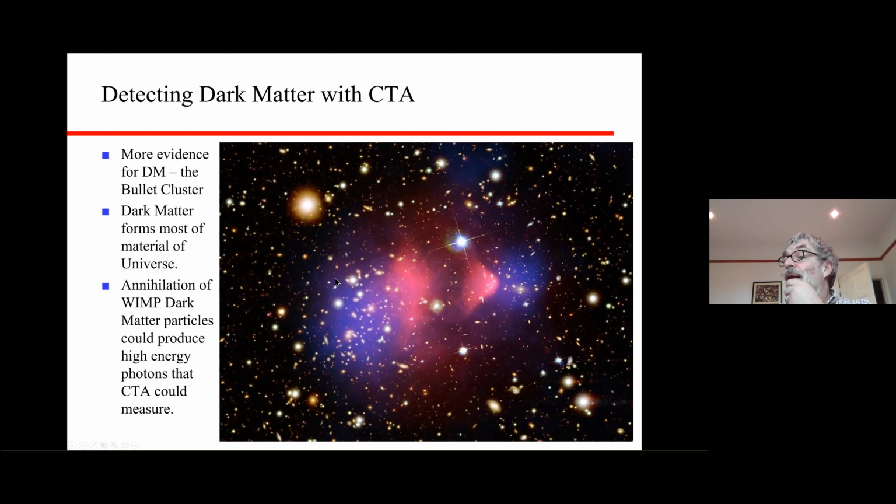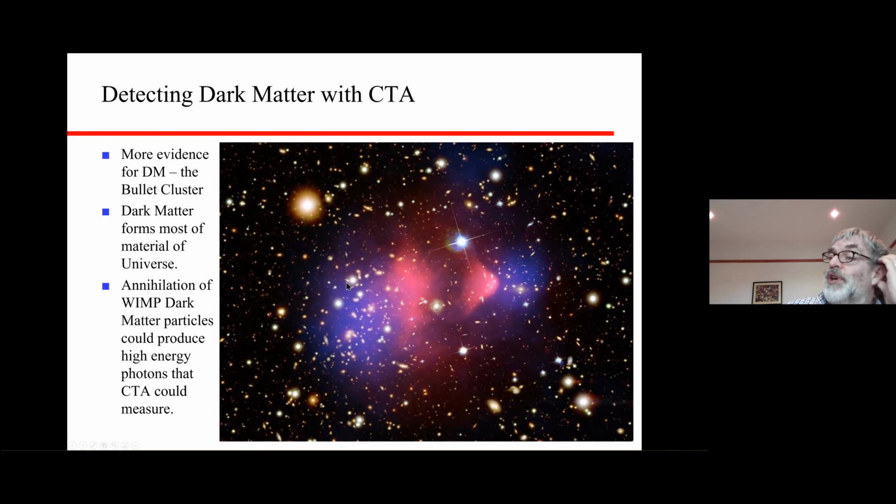And typically, if you look at something, you can see the distortion of the light coming from sources behind the galaxy, and you can use that distortion to work out how much mass there is in that galaxy.